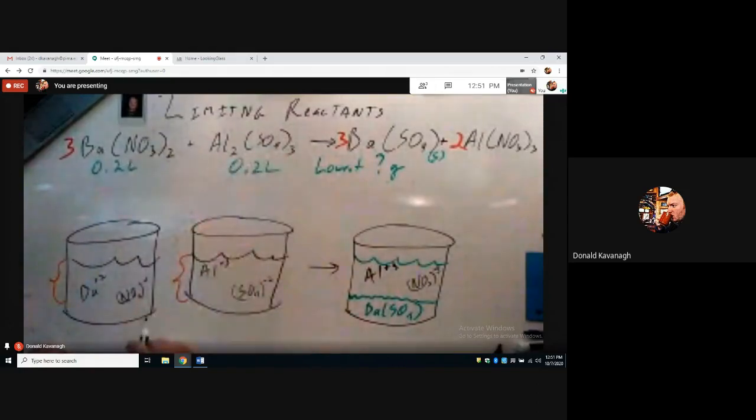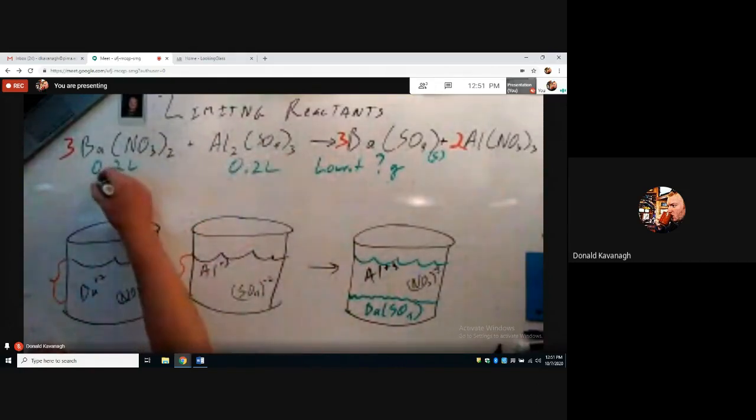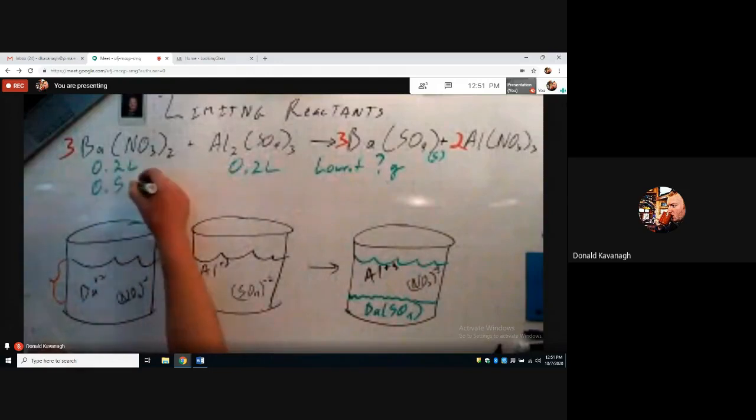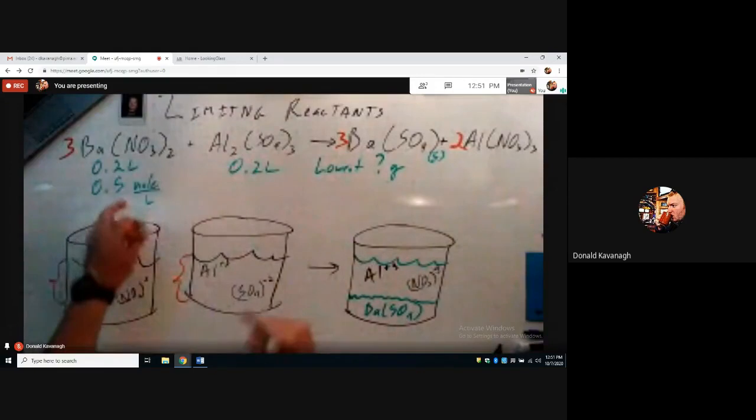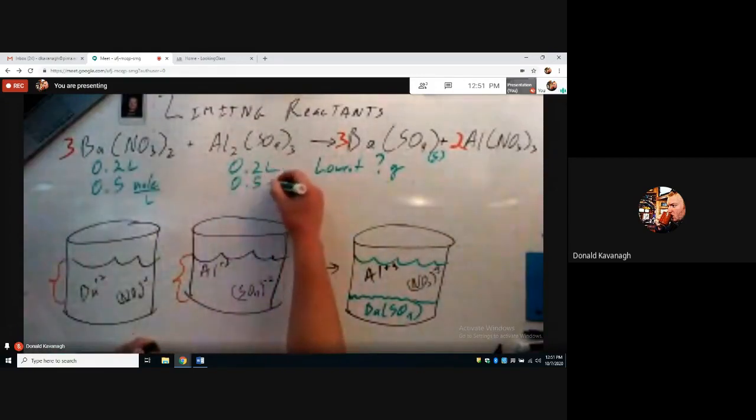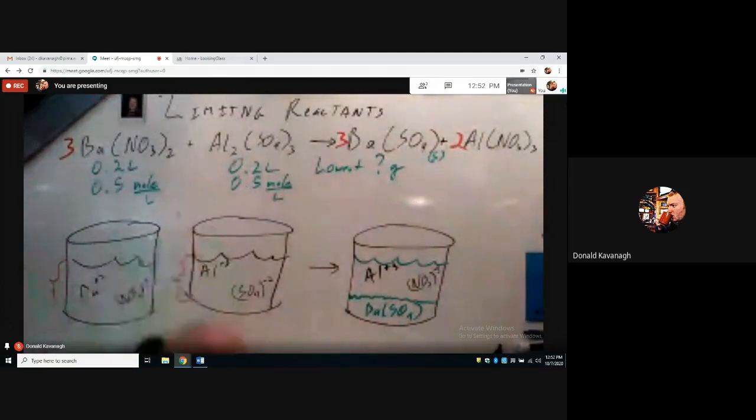And let's just say the molarity of each solution is 0.5 moles per liter. Remember, that's a concentration or an amount. So we have equal volumes, equal molarities, just to keep the math simple right here.